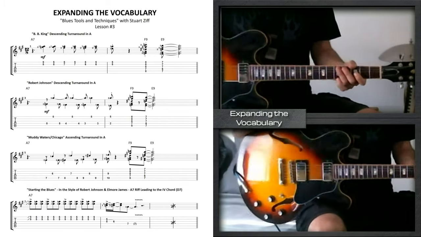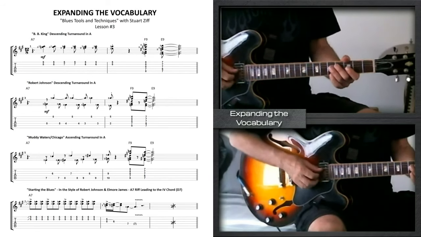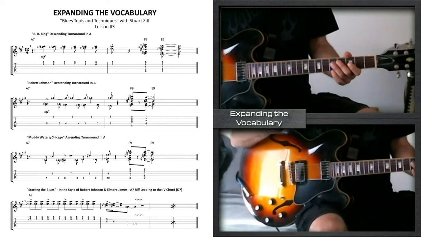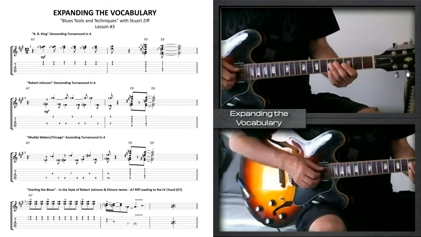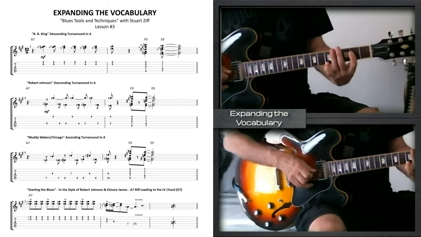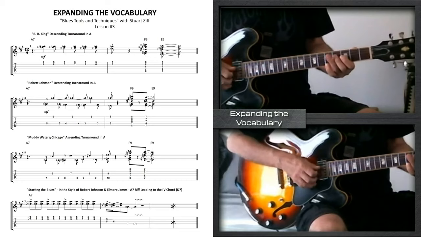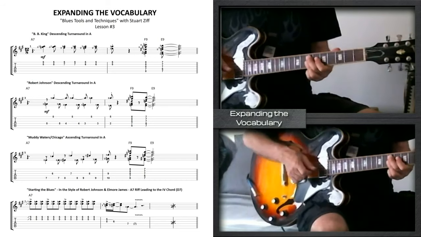In other words, I'm using one of my fingers that doesn't have the pick in it, and I'm using that finger, usually it's my second finger here, to grab that high A on the 1st string. And I usually do it like that.